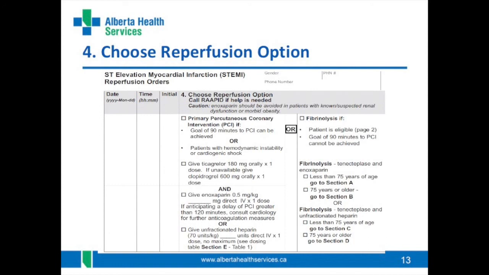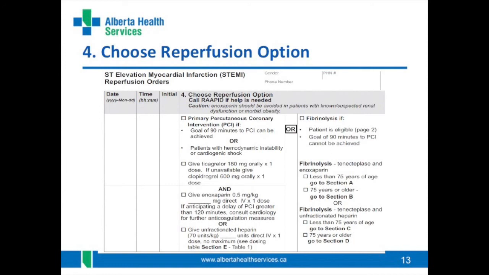Anyways, continuing with primary PCI, we now strongly endorse ticagrelor as our dual antiplatelet regimen of choice for primary PCI, and that's a 180 milligram dose given orally. But if unavailable, we have a second option of Plavix 600 milligram oral loading dose. And then we walk you through what anticoagulant to give.